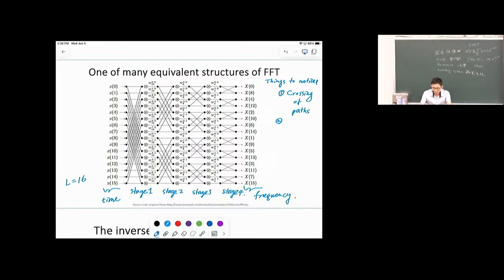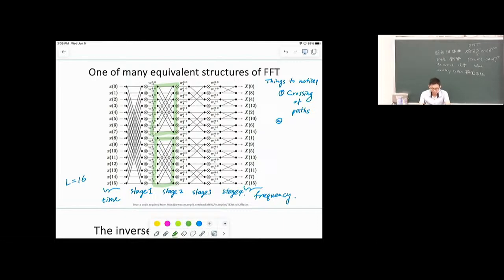Okay? So it appears that, for example, look at this. Here, that's a unit. And this is also another unit. It seems that we are dividing our task into 2 subunits. Each of them is an 8-point to 8-point transformation.